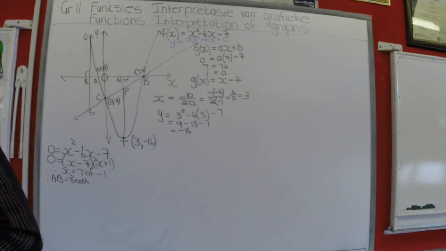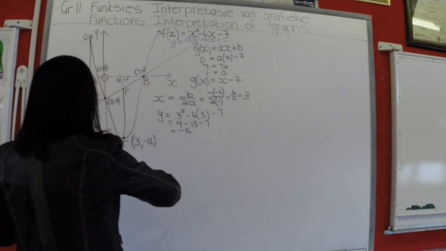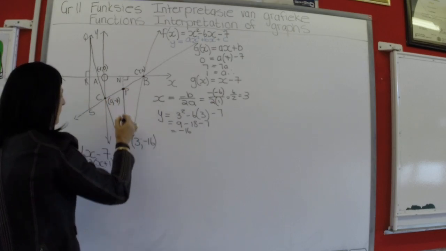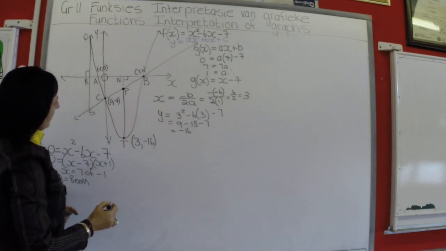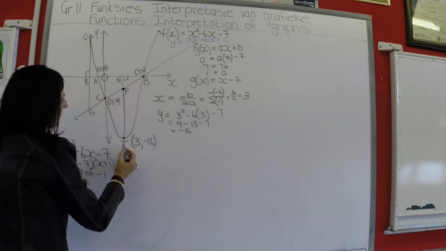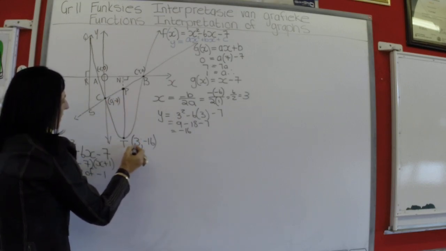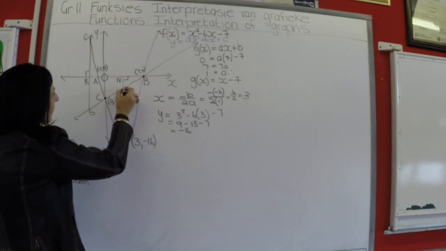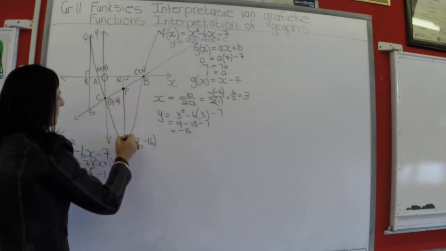Then we're going to look at the length of PT, lengte van daar tot daar. So wat kan ek doen? Ek weet dat die x-waarde hierso gelyk is aan 3. So daai koördinaat en daai koördinaat het ek.